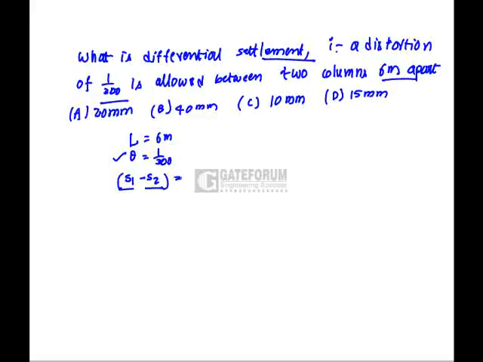So the differential settlement we can say is S1 minus S2. Distortion is equal to differential settlement S by L, so S is equal to theta into L. That is 1 by 300 into 6, which is equal to 20 millimeters. So option A is correct.